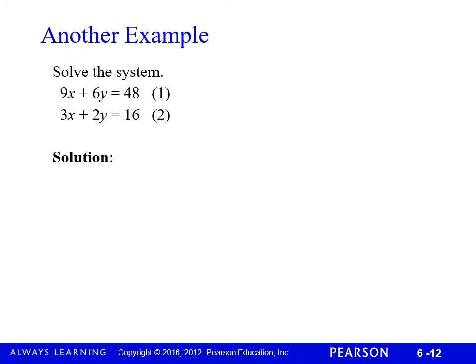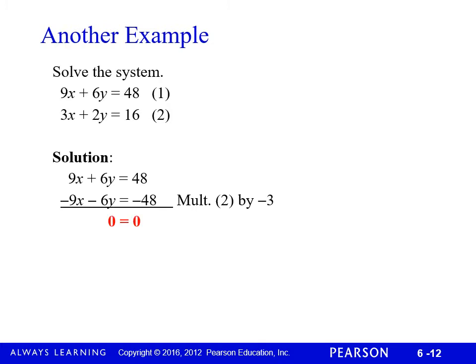Let's try another. See if you can figure out how to solve this one using elimination. We have 9x plus 6y equals 48. If we multiply the second equation by -3, we can get rid of the x variables. -9x minus 6y equals -48.